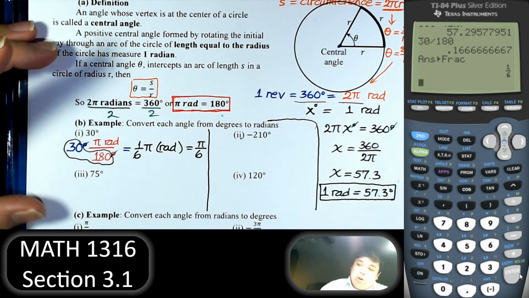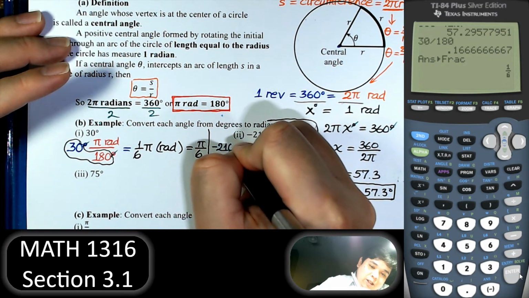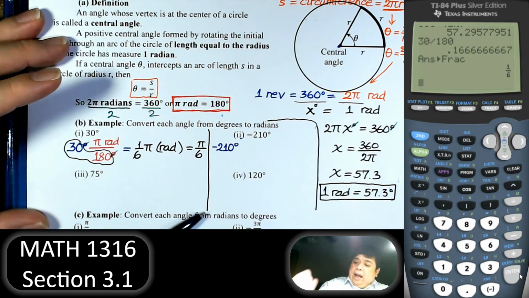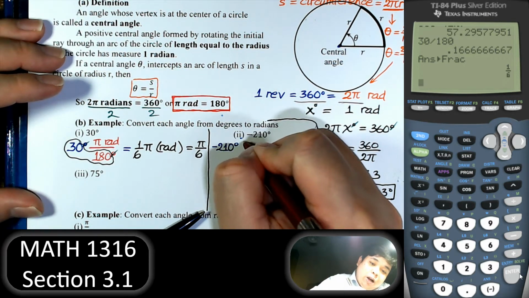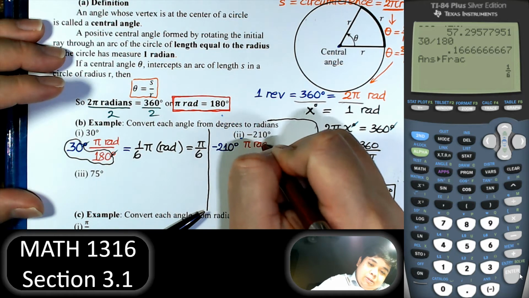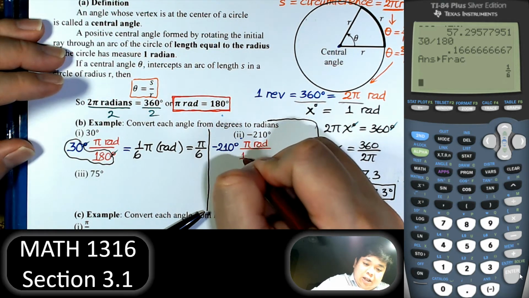Right, negative 210 degrees. Now, again, if we want radian, we put pi radian on the top and 180 degrees at the bottom.